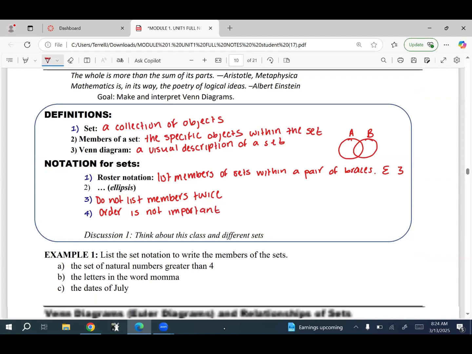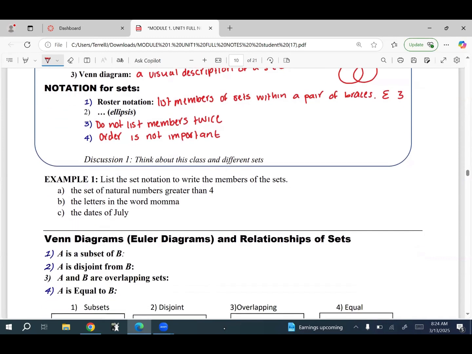So let's look at the first example. It says use set notation to write the members of the sets. The first is the set of natural numbers greater than 4. If I want to write this in roster notation, I would put my brace. Greater than 4 means 5, 6, 7, and this can go on all the way up to positive infinity.